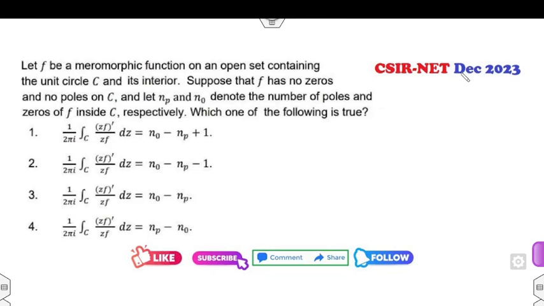It's December 2023. Again, I will solve it in a similar manner. It's a meromorphic function. F has no zero and no pole.